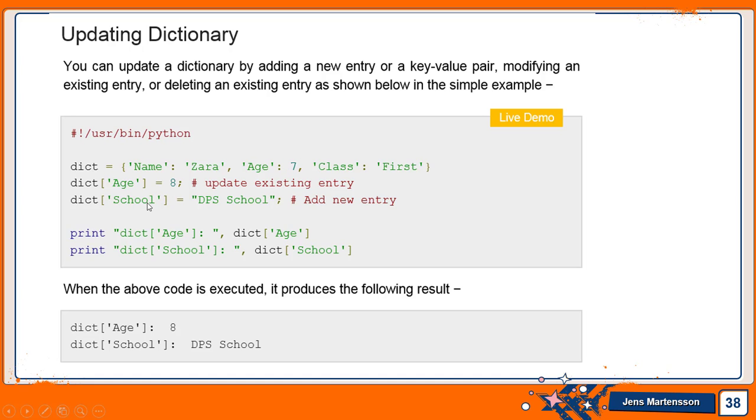And we add school. This adds a new entry because there is no key called school here. It will add another key named school and put DBS school. If you print the new dict, we will get the new result here with the newly added item.